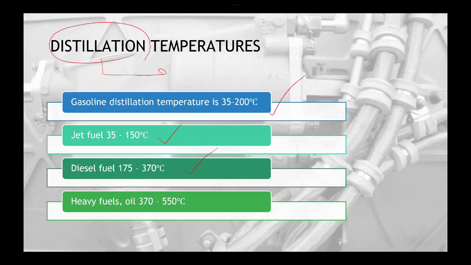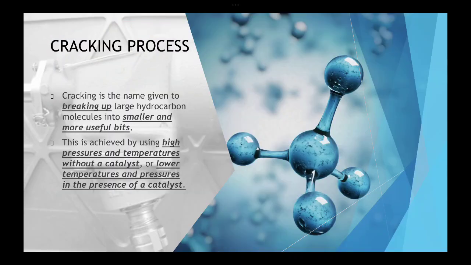It's basically distillation. The next one is the cracking process. From the word cracking, it's simply breaking up large hydrocarbon molecules into smaller and more useful bits. For example, this is your large hydrocarbon, and you split it up into smaller bits.